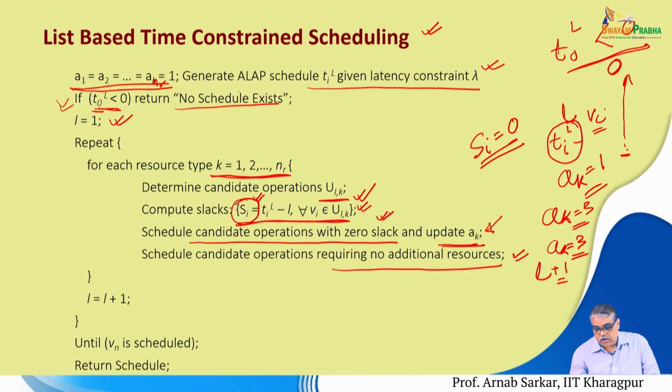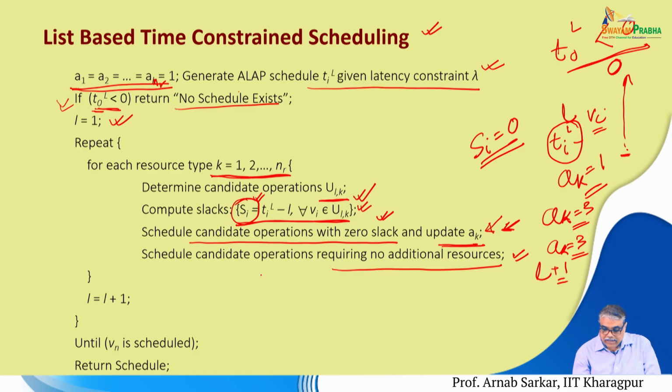If you have one operation with slack 0, you still have 2 remaining residual resources. You take these 2 residual resources, and although you do not have any more operations with slack 0, you can schedule the operations having the least slack higher than 0, but not taking more than the available resources.